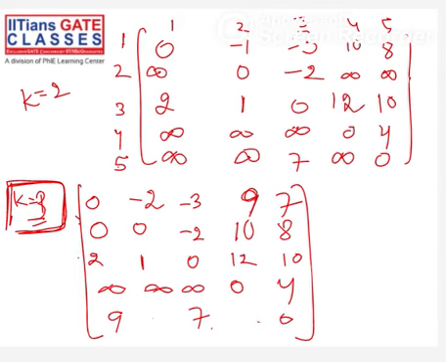So this is 9. 5 to 2: 5 to 3 and 3 to 2. 7 plus 1, 8. Yeah, this also changed. Now 5 to 4: 5 to 3 and 3 to 4. So this is 12 plus 9 is 19. Did you get K3 is equal to this? 3 length paths.